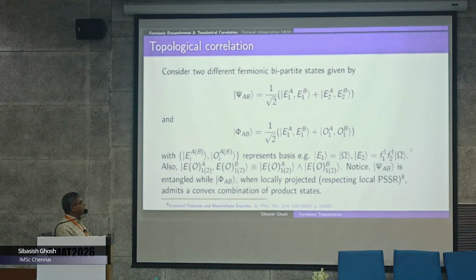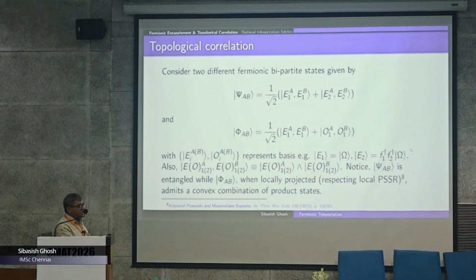Similarly, this even parity state maybe you can consider as the vacuum, and E2A maybe you can consider as the application of these two creation operators on the vacuum. So this is again an even parity state in Alice's lab. Similarly for Bob. So this is the superposition, and this state is really entangled because you cannot write it as a convex combination of product states.